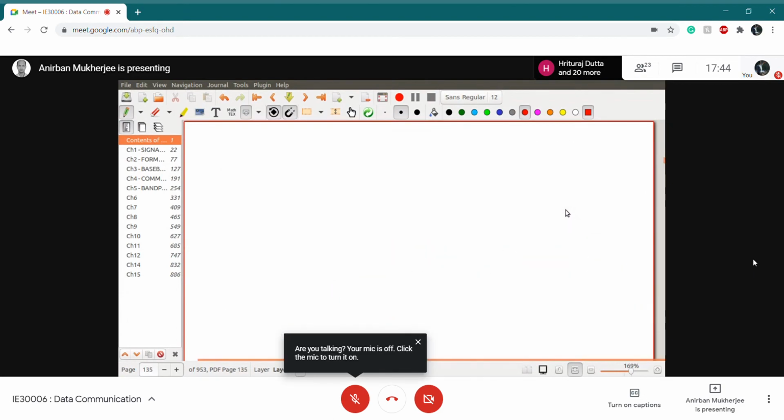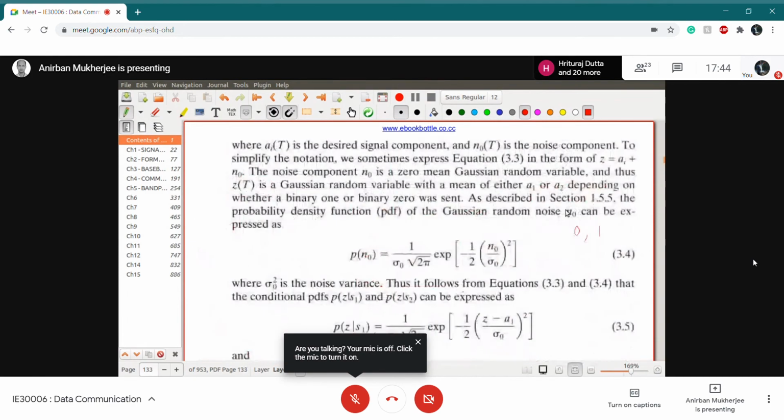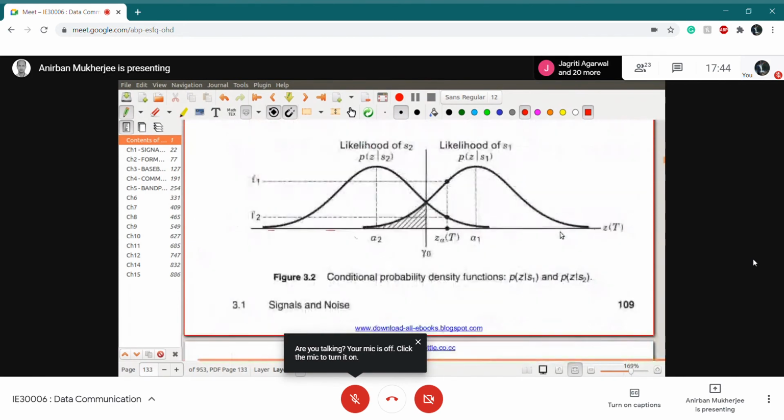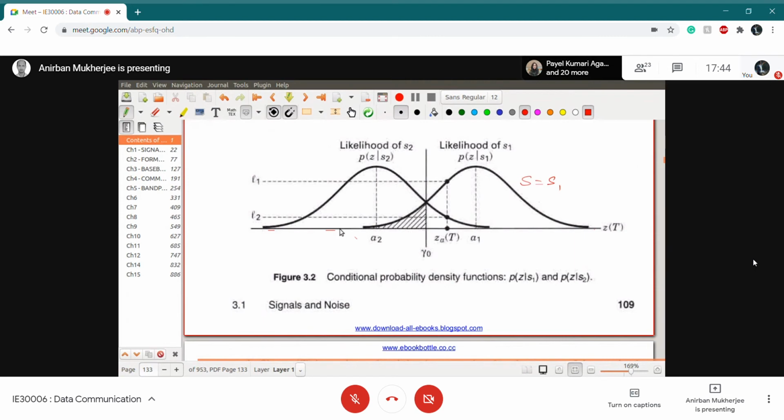So what is the probability of Z less than gamma 0? Let us see. An error has occurred. Actually S equal to S1 is transmitted, but as Z is on this side, you are saying no. That's why you have to consider these shaded areas.